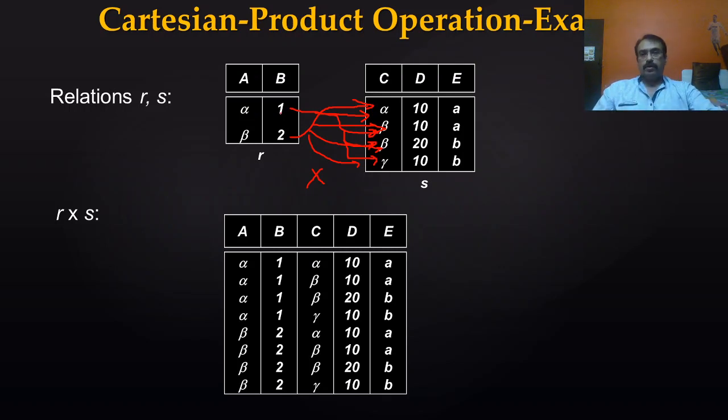So rows will be multiplied, and columns will be added.